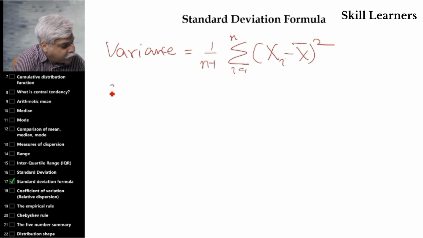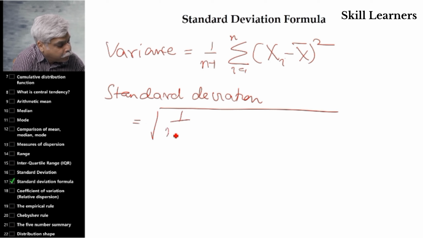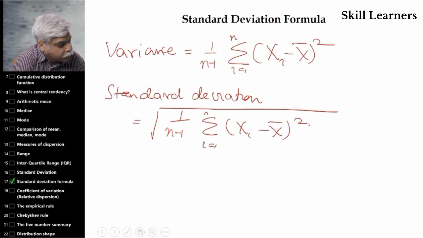The standard deviation is the square root of the variance formula and is on the original scale of the data.